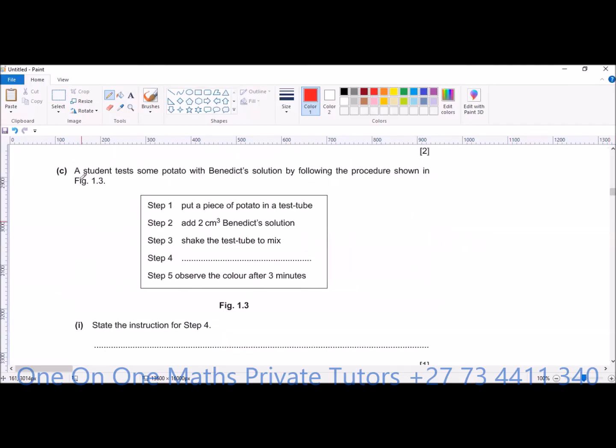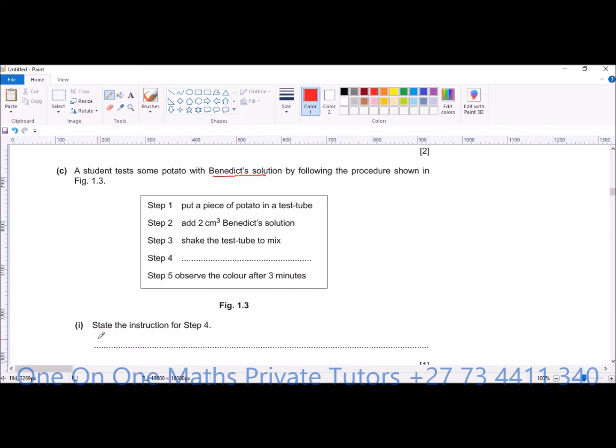All right. The students test some potato with Benedict solution by following the procedure shown. Okay. Testing reducing sugars. Step 1, put a piece of potato in a test tube. Step 2, add 2 cubic centimeters Benedict solution. Step 3, shake the test tube to mix. Step 4, observe the color after 3 minutes. State the instruction for step 4.